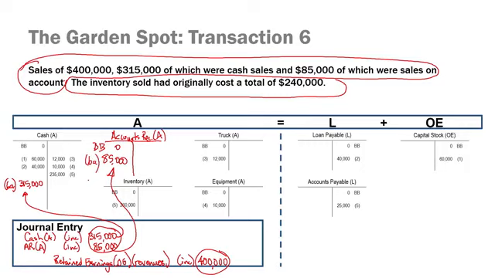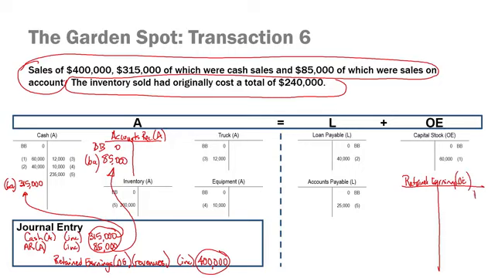And then finally, I need to post the right side entry to the retained earnings account and to the retained earnings T account. But notice we don't have that yet in our workspace because we haven't used it yet. So I'm going to create one. Retained earnings. It's an owner's equity account, so I've put it in the owner's equity section of the workspace.